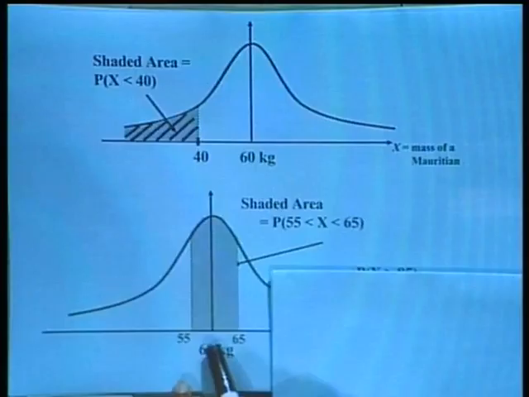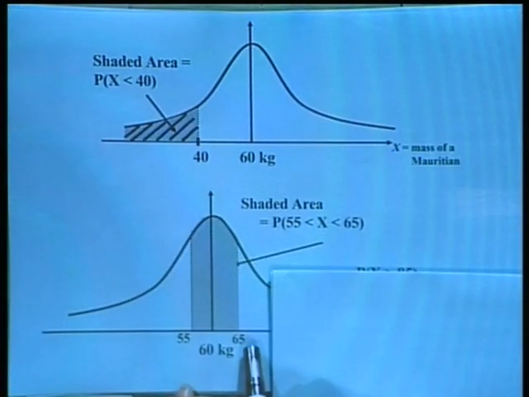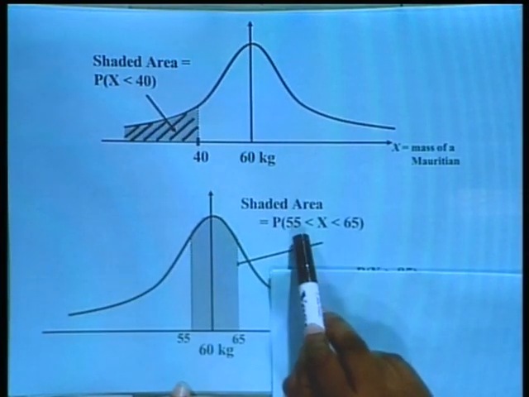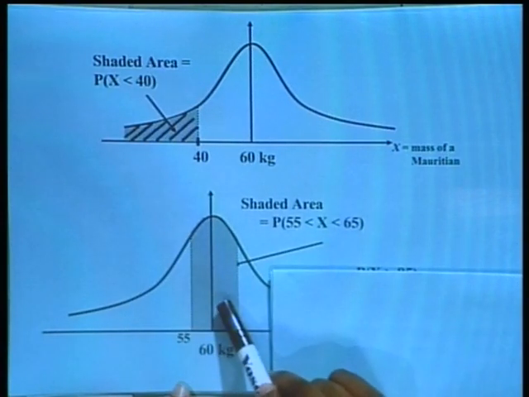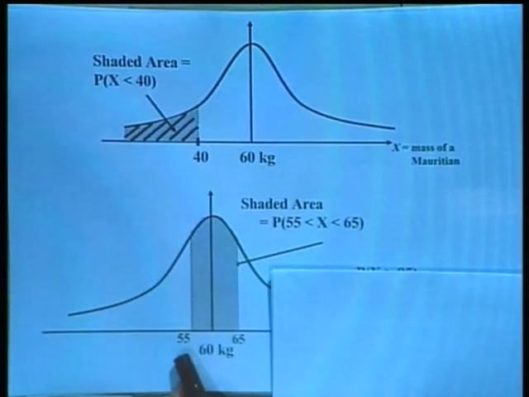First of all, we locate on the normal curve 55 and 65 kilograms. And the probability that the mass would lie between 55 and 65 is given by the area under the normal curve between the limits 55 and 65 kilograms.